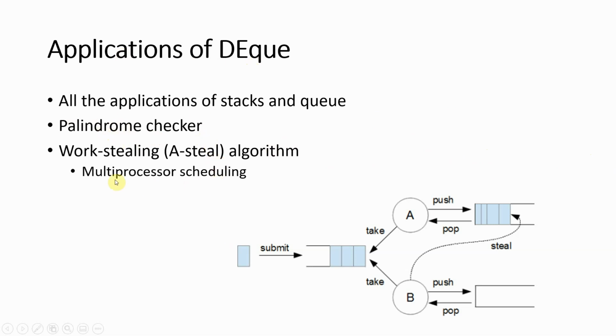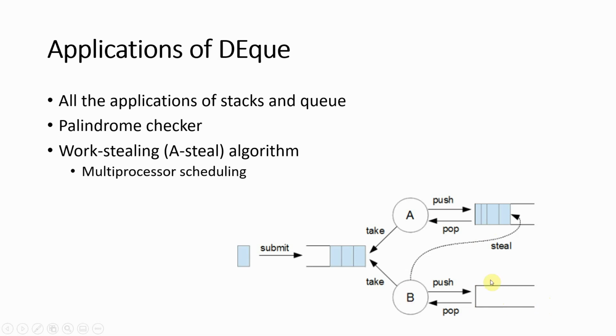The other important application of Deques is something called the work stealing algorithm. An application of that is in multiprocessor scheduling. You would have two different processors, let's say a dual core processor. Each of them is scheduled to do certain tasks, but one of them finishes its tasks earlier than the other one.